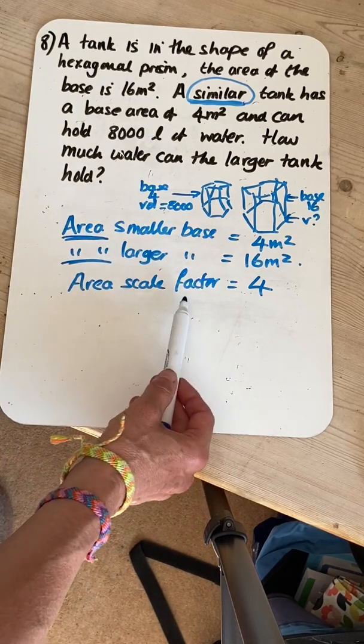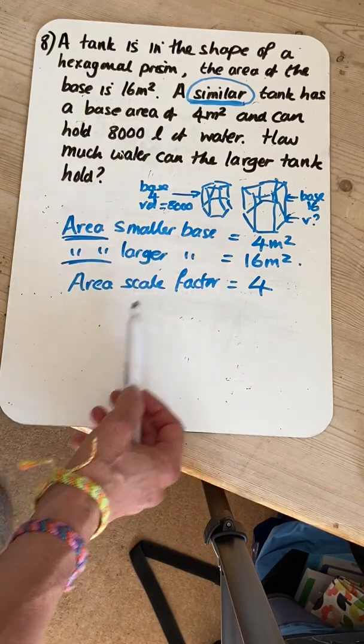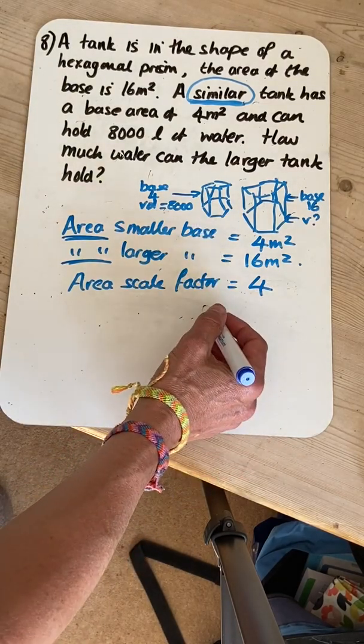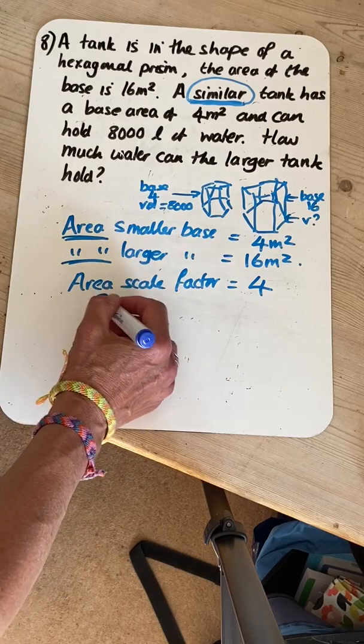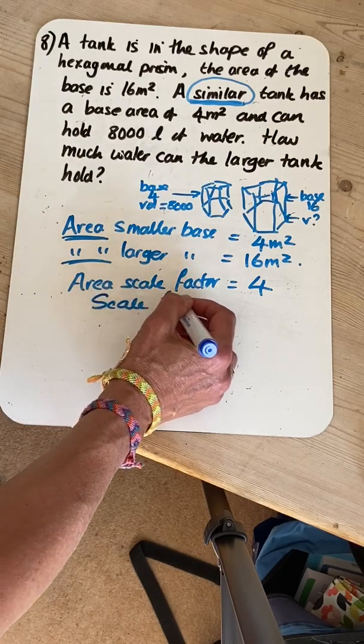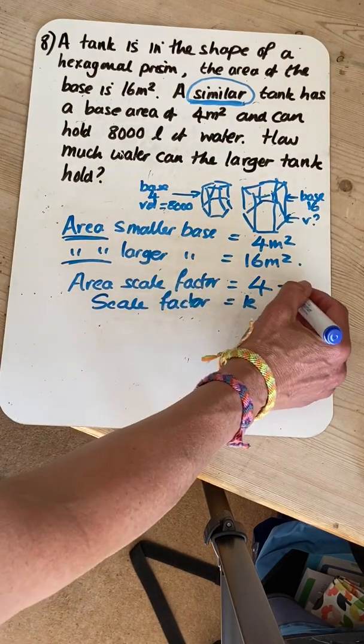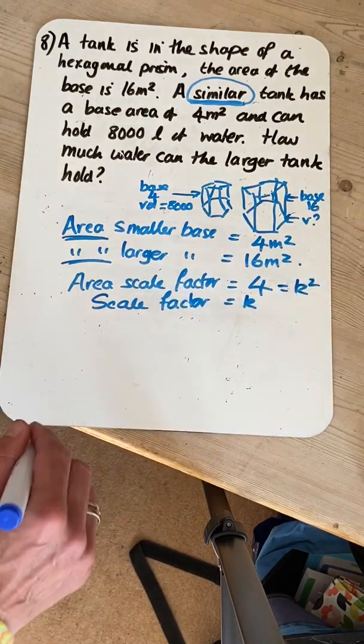Now, I can't go straight from an area scale factor to a volume scale factor. If you think about it, if a scale factor is K, do you remember we used K? Then our area scale factor is K squared.